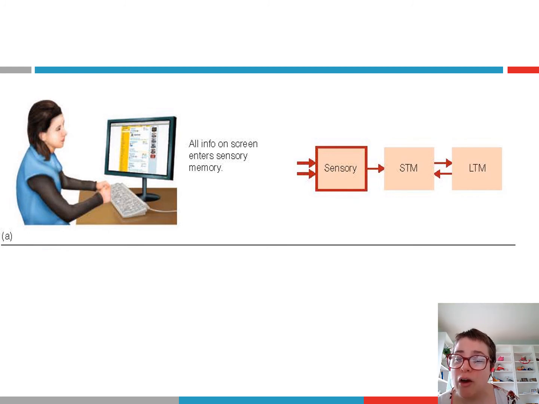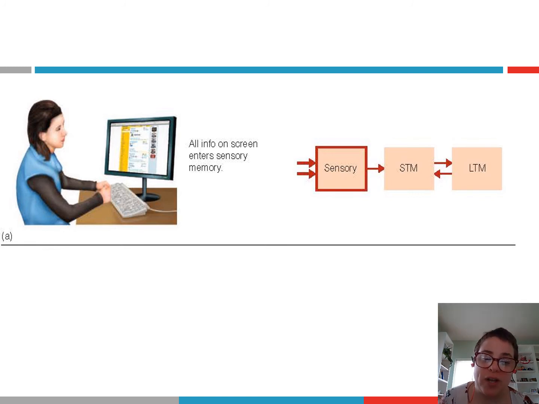And then when we talk about touch, information related to touch or tactile information, we call that haptic sensory memory. And those are just, again, different memory stores depending on the particular sensory modality, right?